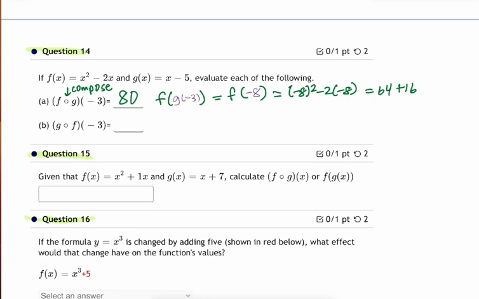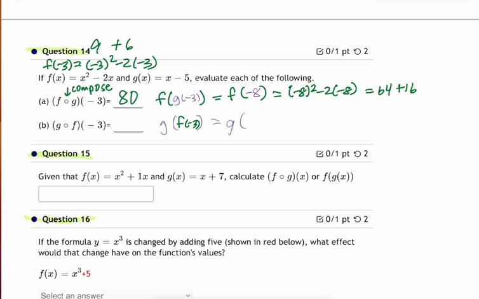Now, B is different. B is different because that means g of f of -3. This time we put the -3 into the f function. So let me do that kind of up here out of the way. So if I plug -3 into my f function, that's -3 squared minus 2 times -3, which is 9 plus 6 or 15.